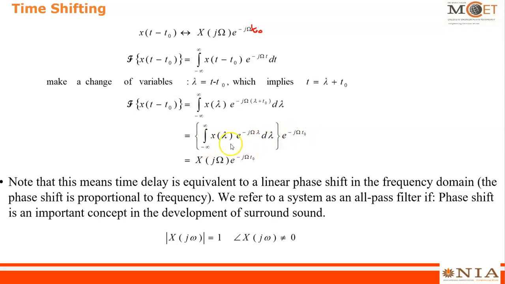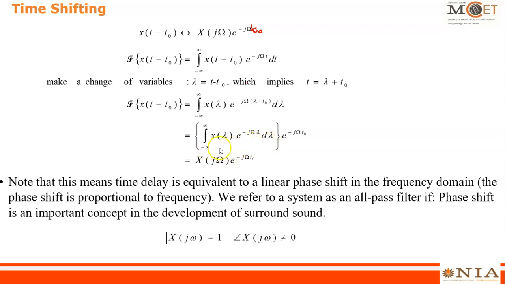Here you can see, if we have x of t, the Fourier transform is written as integral x of t e power minus j omega t dt. Suppose instead of t, if we have lambda, these are all independent variables, right? So if we have lambda instead of t, x of lambda e power minus j omega lambda d lambda.